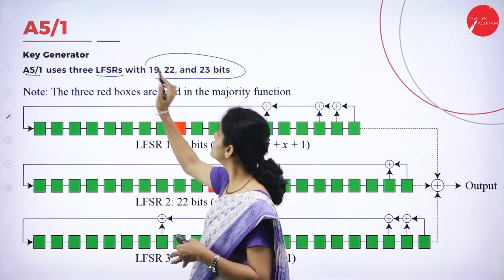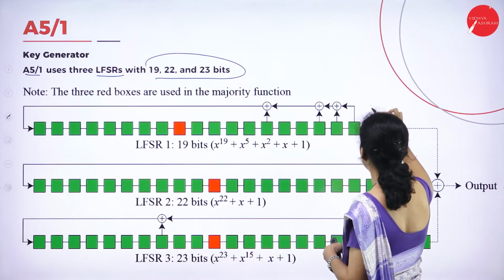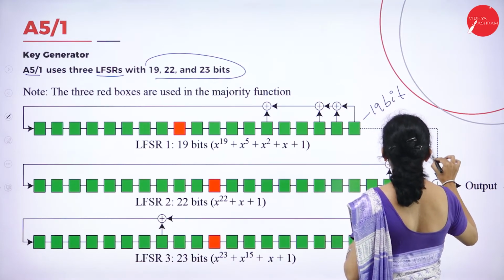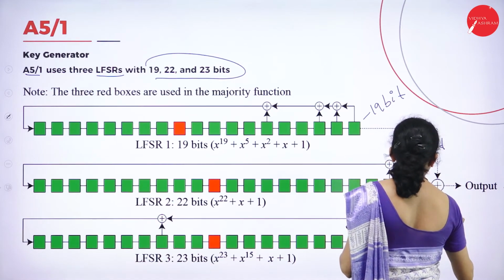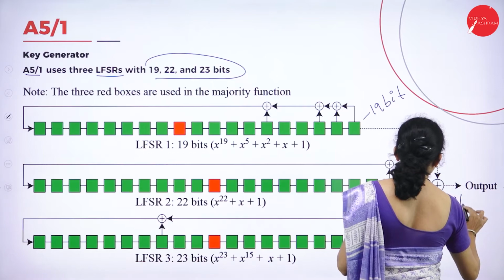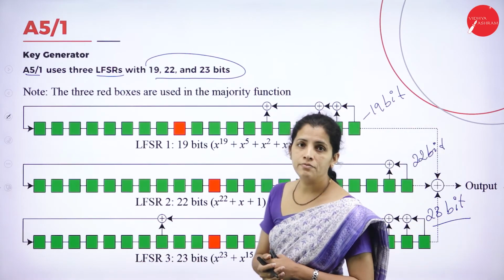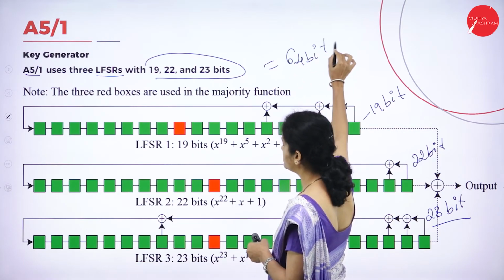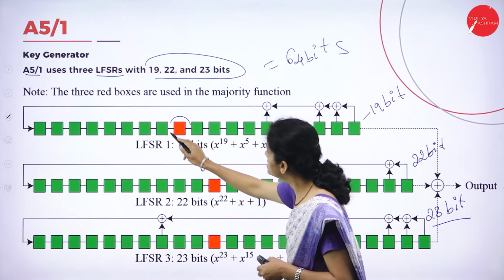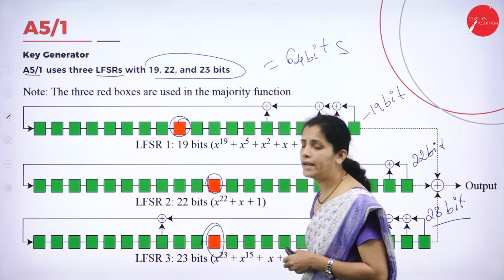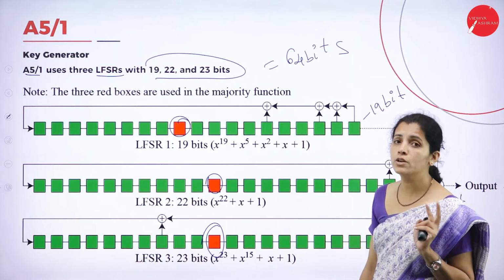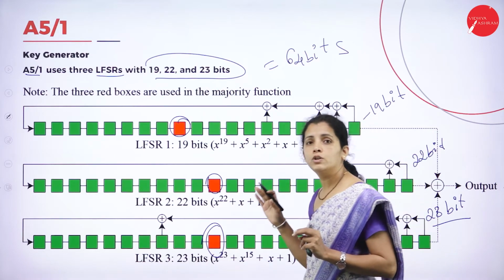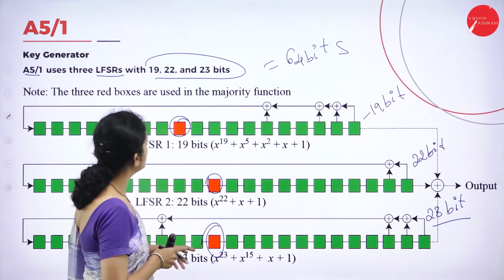The length of each register is 19 bits, 22 bits, and 23 bits, and the total length of the registers is 64 bits. All these red boxes are used to indicate clock synchronization, and this is the majority function.